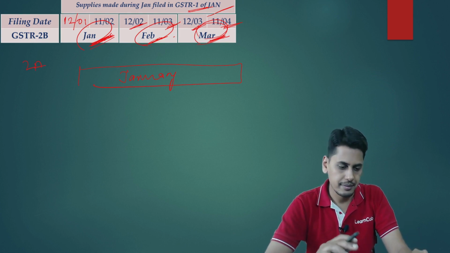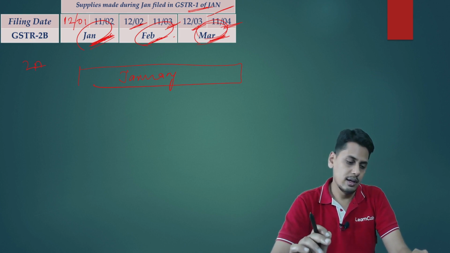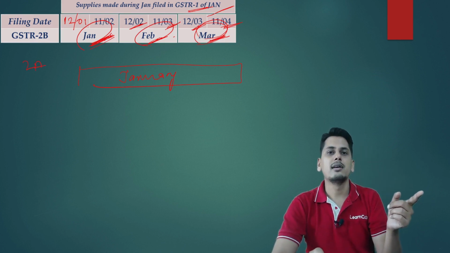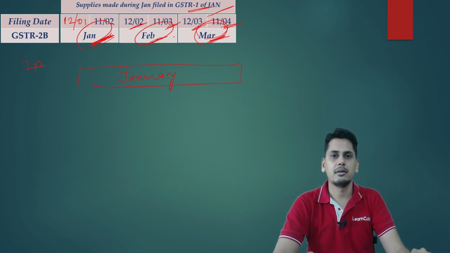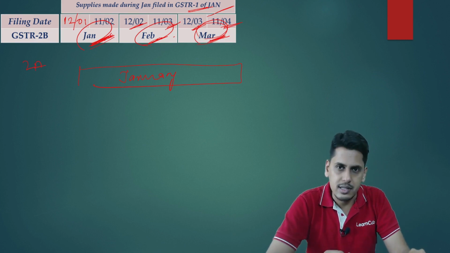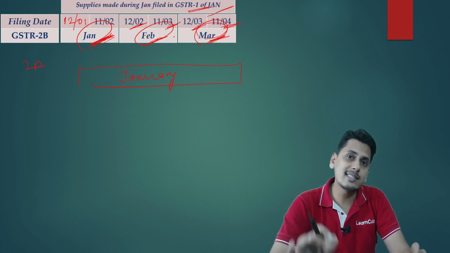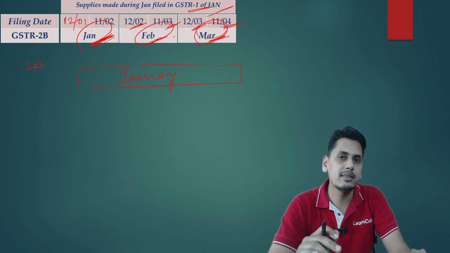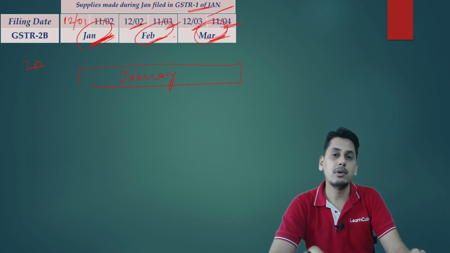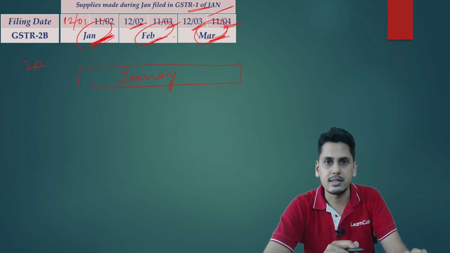Now friends, this example what we had seen, it was with an assumption that my supplier is a monthly filer. My supplier files GSTR-1 on a monthly basis. But is it necessary that all the suppliers should file their GSTR-1 on a monthly basis? The answer is no. Few of the suppliers will also be filing their GSTR-1 on a quarterly basis.